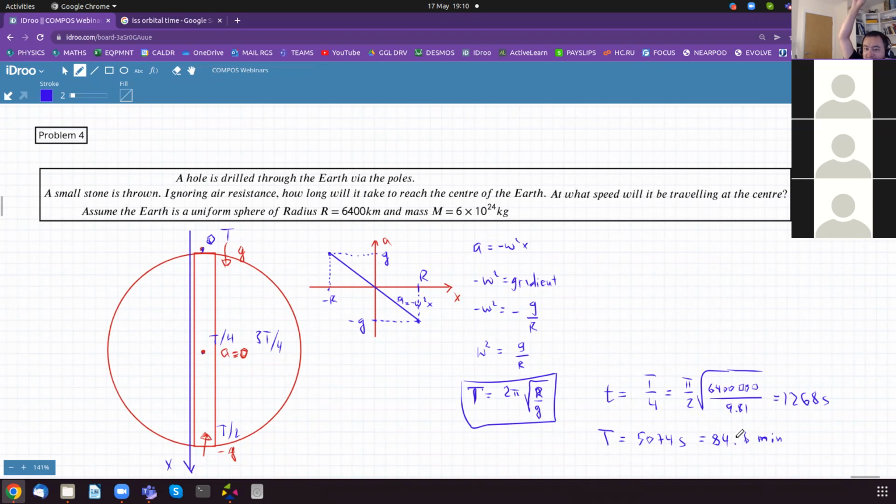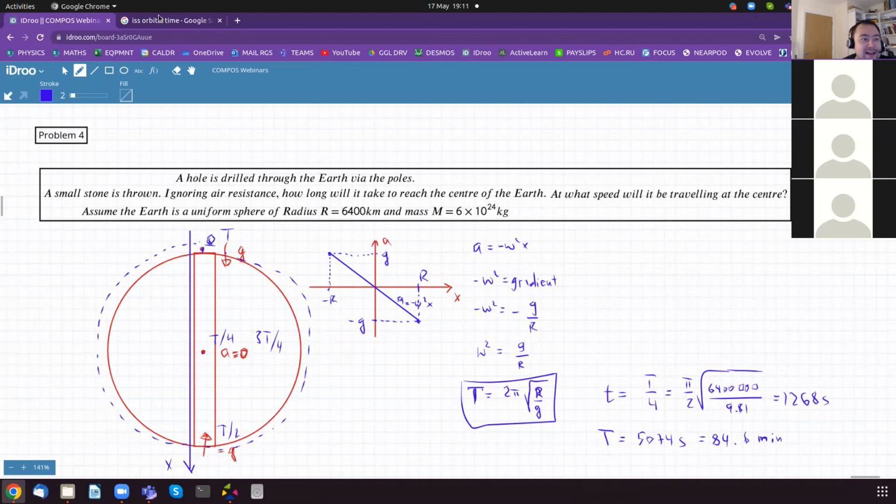It just takes a little bit longer. But in fact, the fact that this number is so close to the International Space Station orbital time is not a coincidence. It takes the same time to travel around the Earth like this than it takes to oscillate like this.